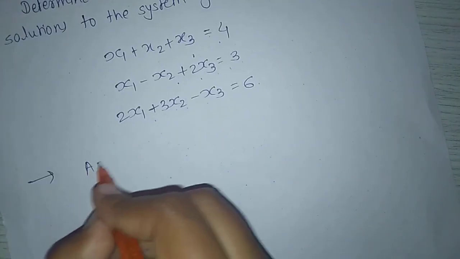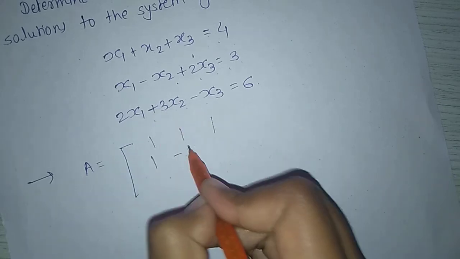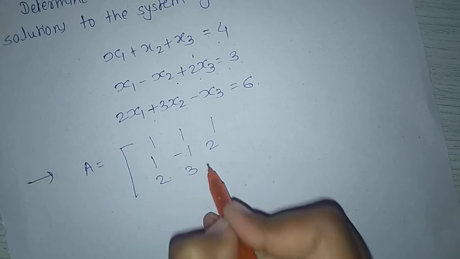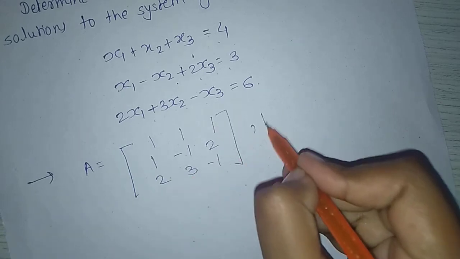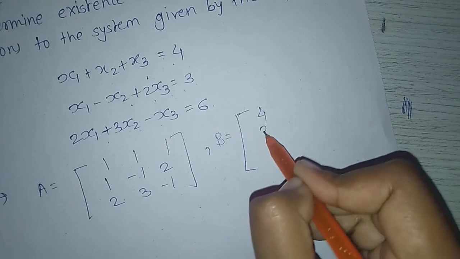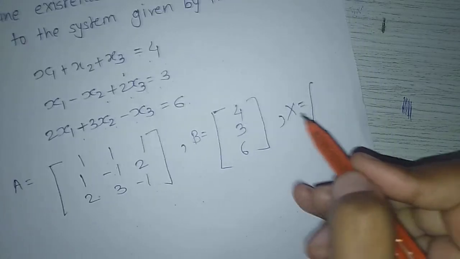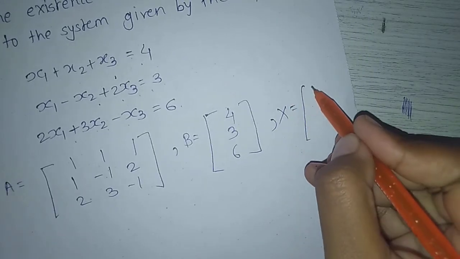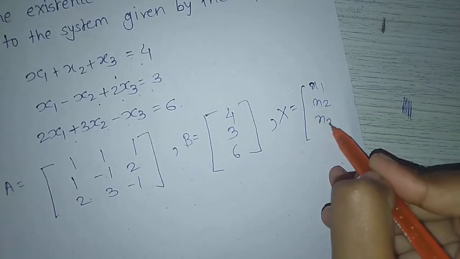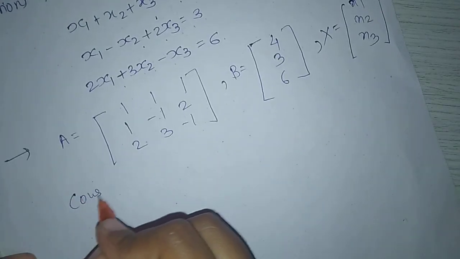First write the coefficient matrix. A is 1 1 1, 1 minus 1 2, 2 3 minus 1. Next B is the column matrix of constants 4 3 6, and X is the column matrix of variables or unknowns x1, x2, x3.